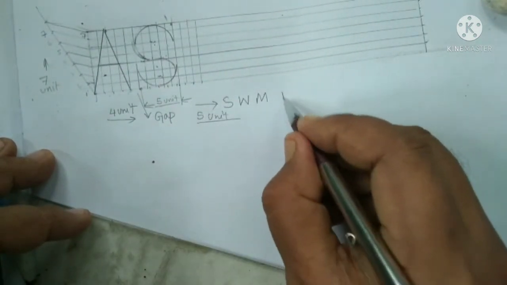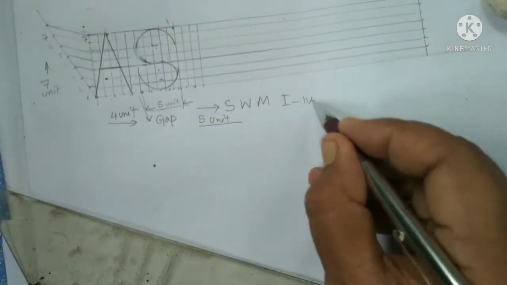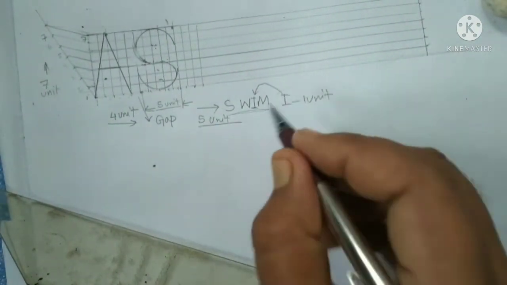Previously, I told you that for the letters S, W, M the ratio will be 7:5, and for the letter I it is 1.